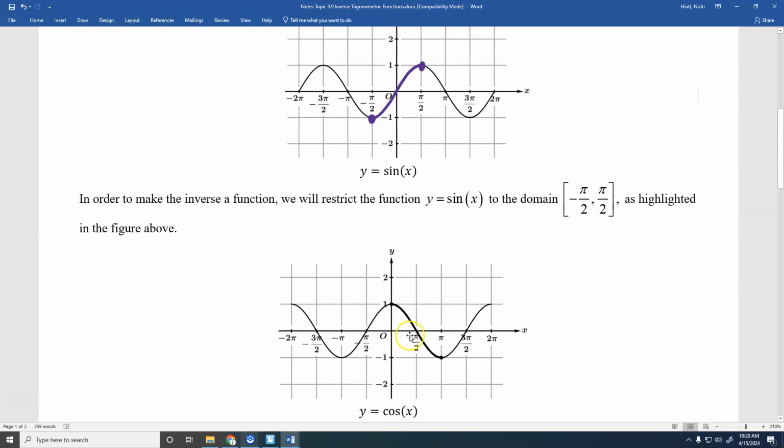For cosine, however, you can't go from -pi/2 to positive pi/2, because that section is going to have some repeated values, and it would never cover any of the negatives. So on cosine, your restricted domain is from 0 to pi.